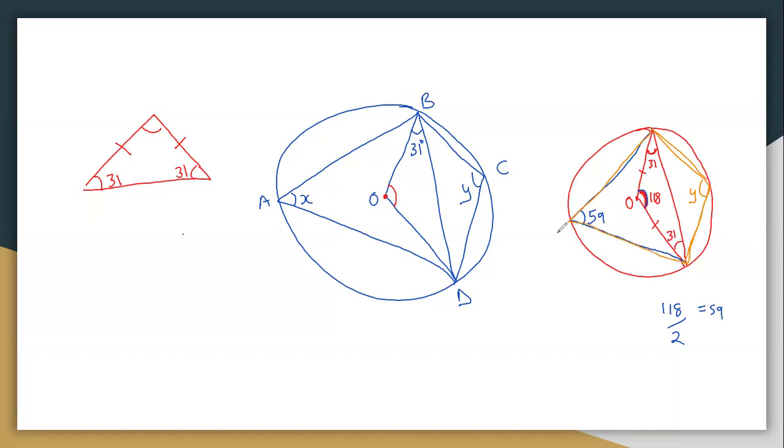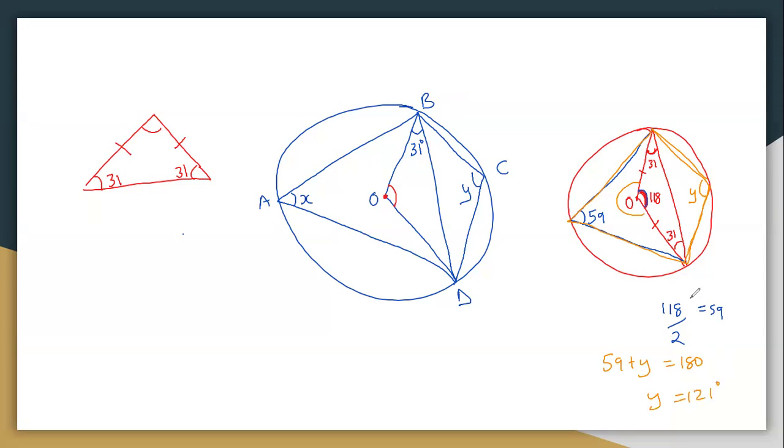This is a quadrilateral, so opposite angles always sum to 180. Alternatively, you can find this angle here first. That property can also work. But other people can say 59 plus y should give us 180. So that's how people are getting 121 degrees.